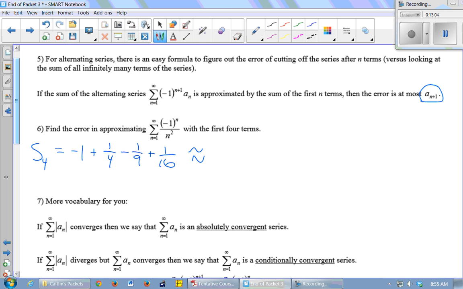That's approximately equal to the infinite sum. And how good of an approximation is it? Well, the error in that approximation will always be less than or equal to the next term in the sum, which is 1/25.